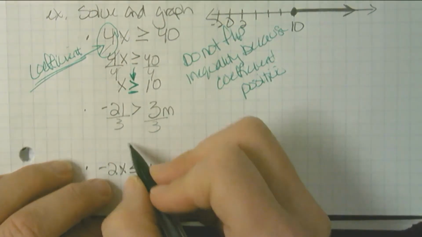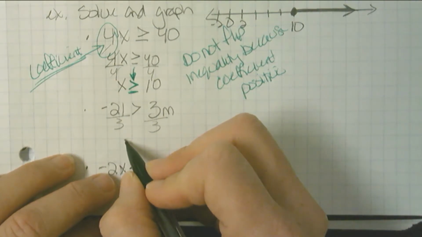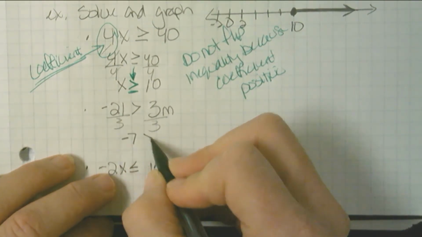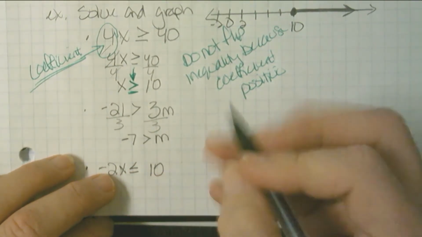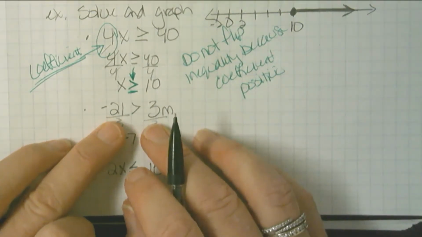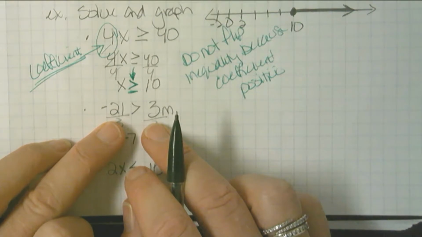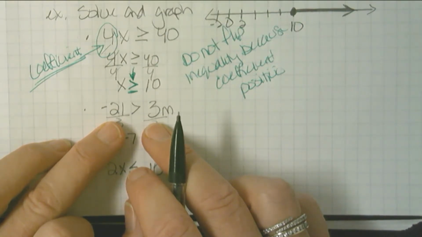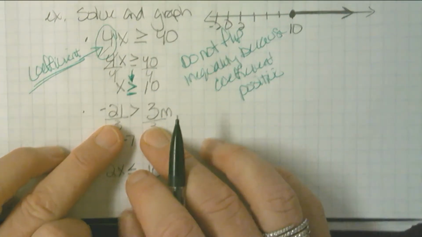Excellent. Do you have to flip the coefficient or the inequality? No. Why? I agree with you, but why? Okay, guys, please think.